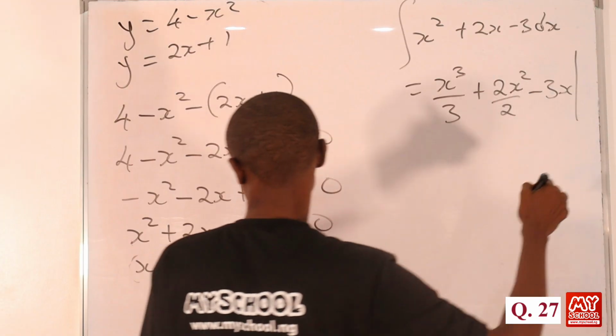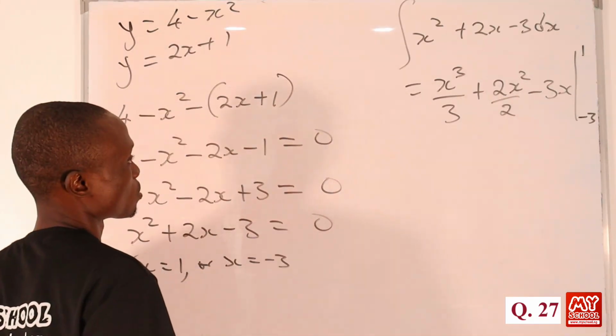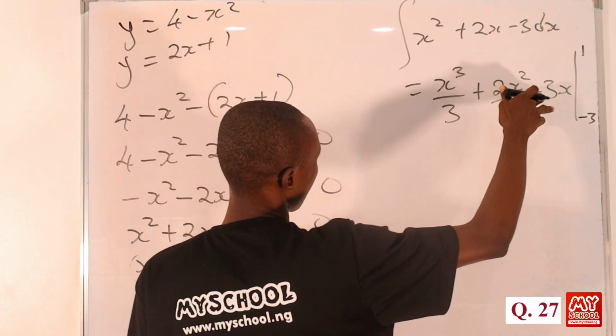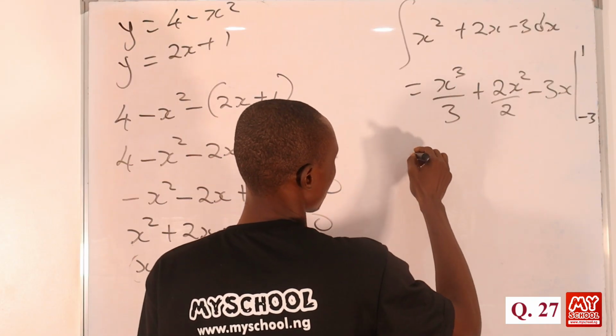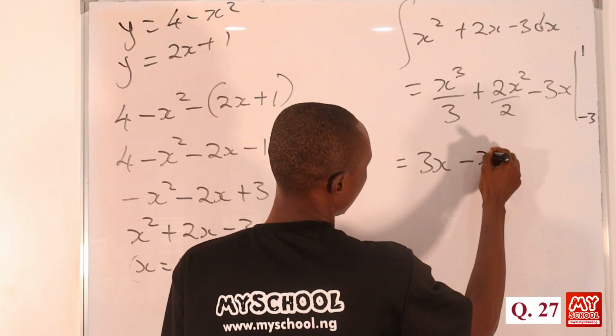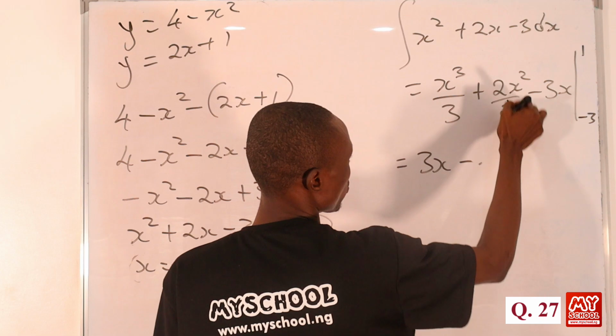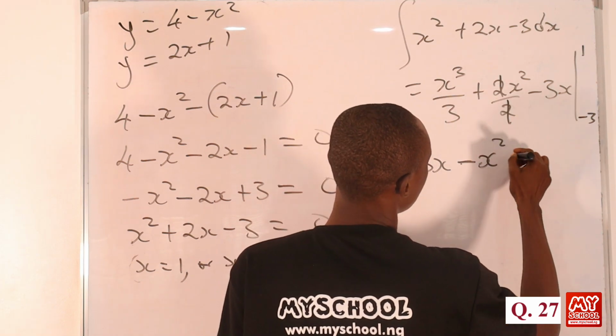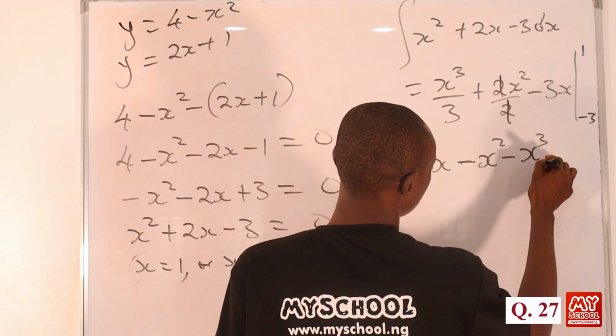So we have to apply our limits, which are 1 and -3. Now we have to multiply again by -1, so that we'll be having 3x minus x², then minus x³/3.